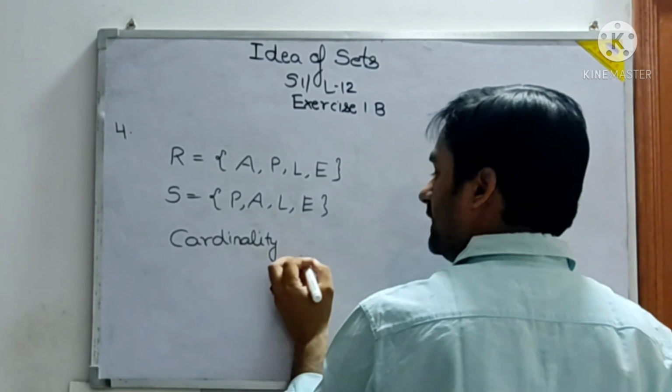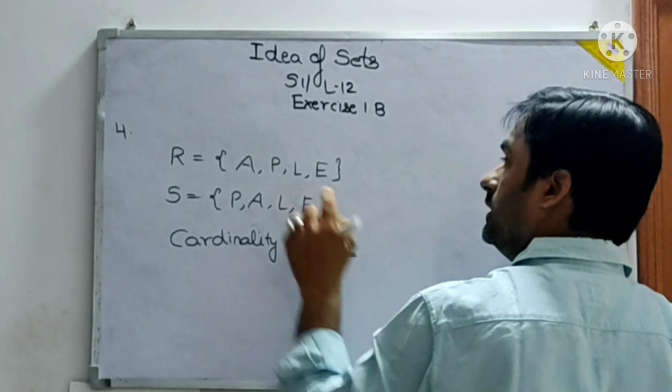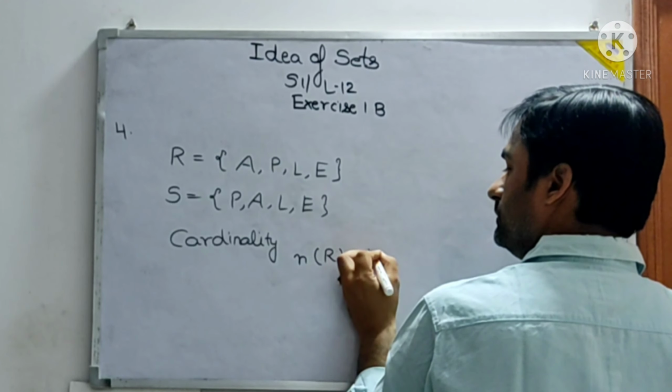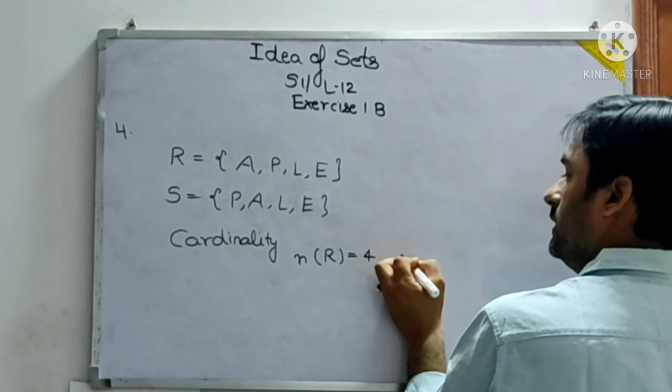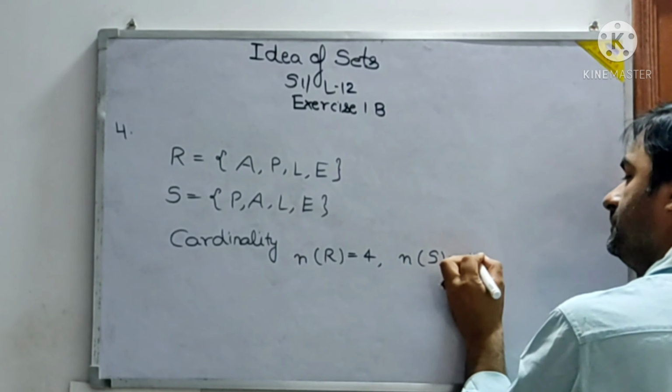So heading will be cardinality and you got n of R. n of R is what? 1, 2, 3, 4, comma, n of S. That means how many elements? 4 only.